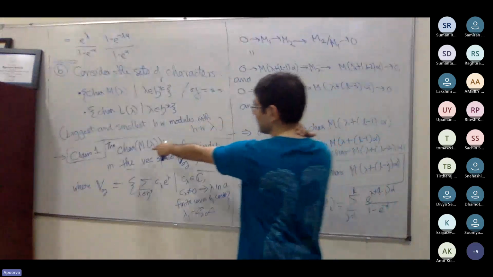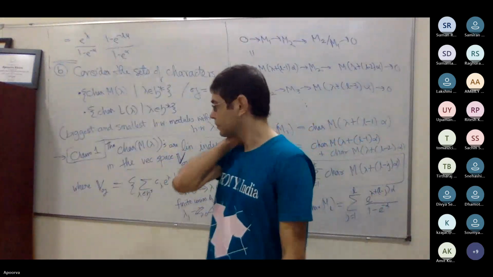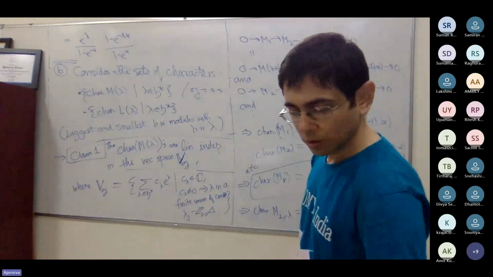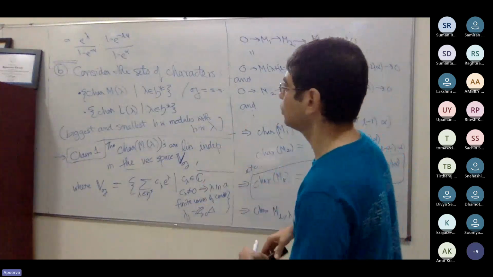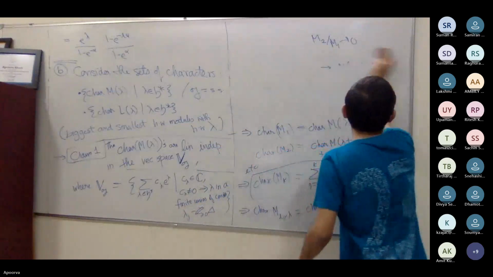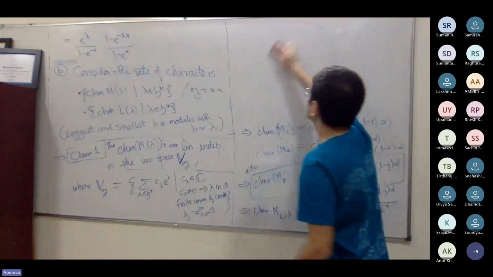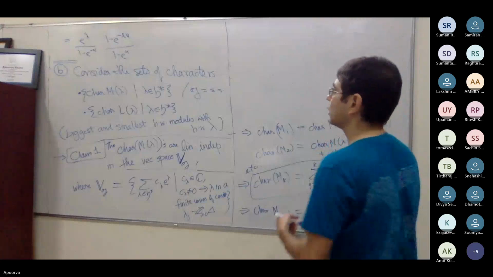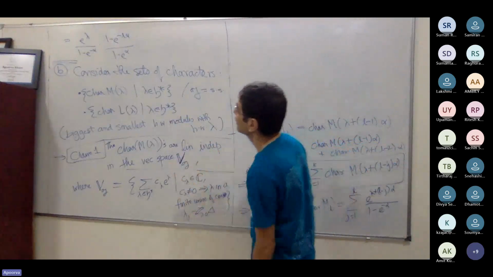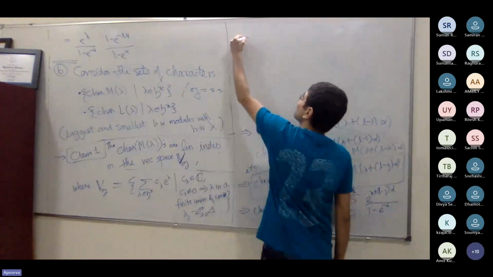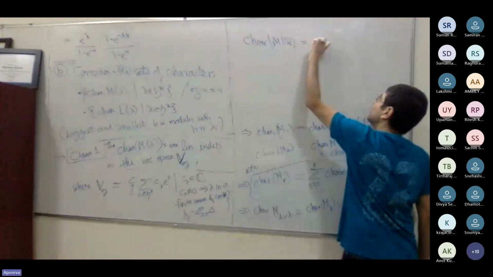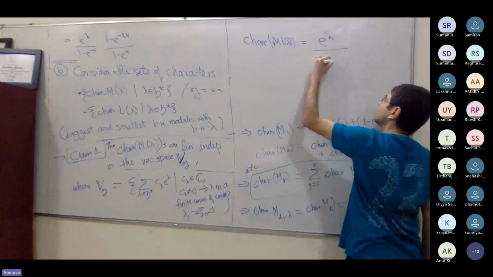And in this vector space, I claim that these guys are linearly independent. Fine. So I'll prove this. There's nothing to prove. It's one line. The point is the character of the Verma module is equal to e power lambda divided by this product.